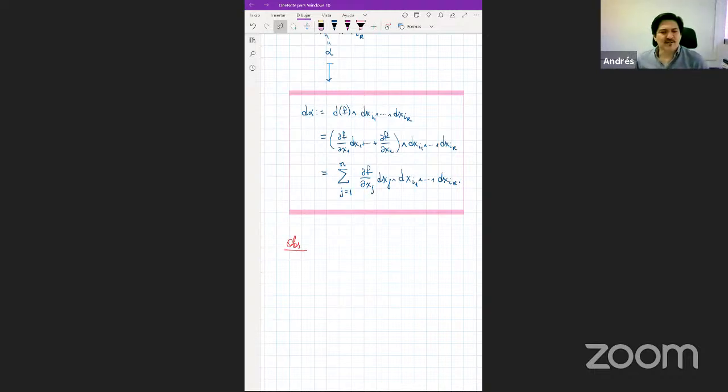An n form, how can I write an n form? What is the formula for an n form?